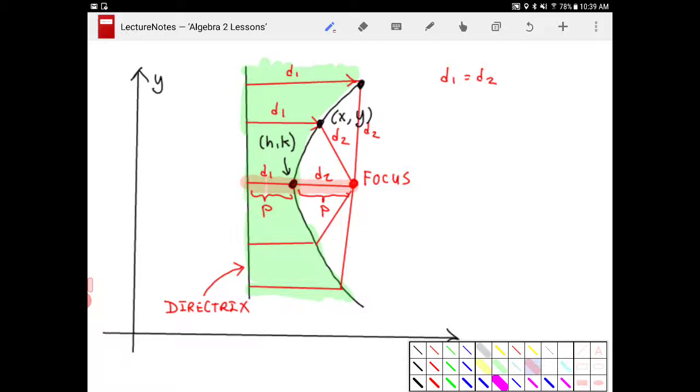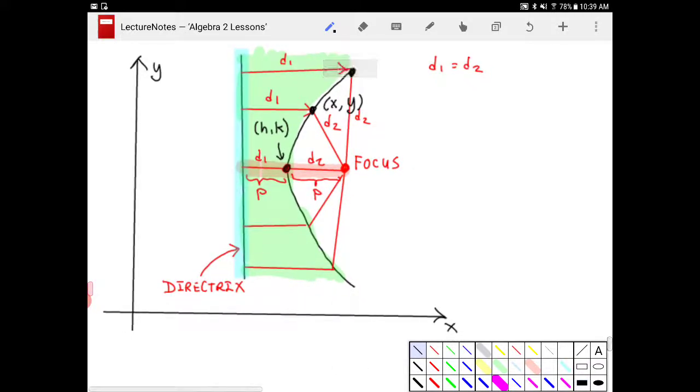Well, that line there is horizontal. If that is a horizontal line, and I want to come up with a way to describe the vertical line that is our directrix, this vertical line right here, I will use the vertex and the length of P to describe that vertical line.